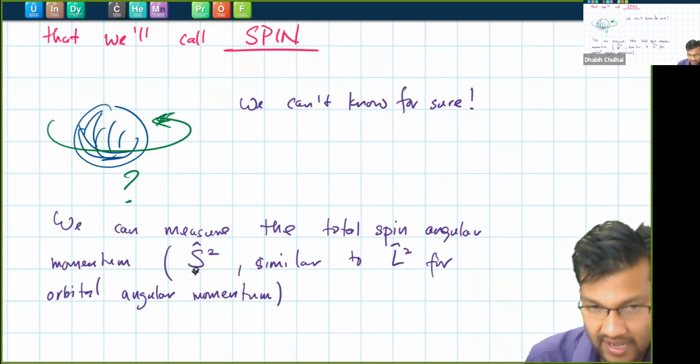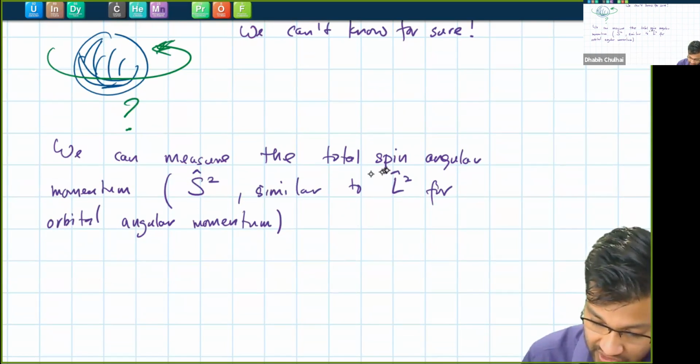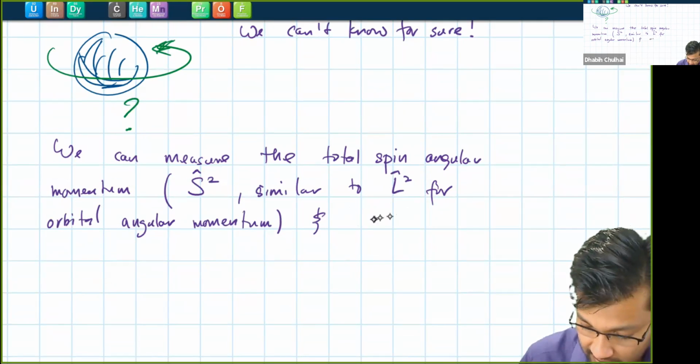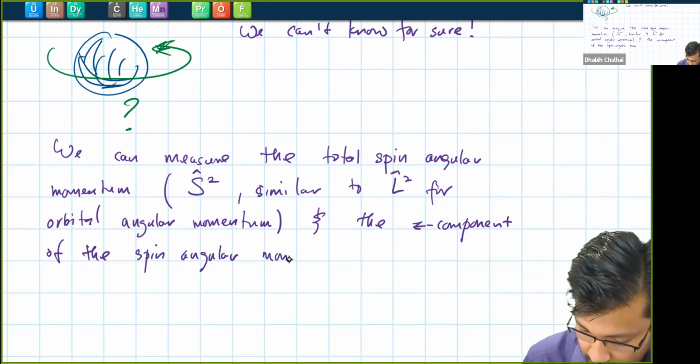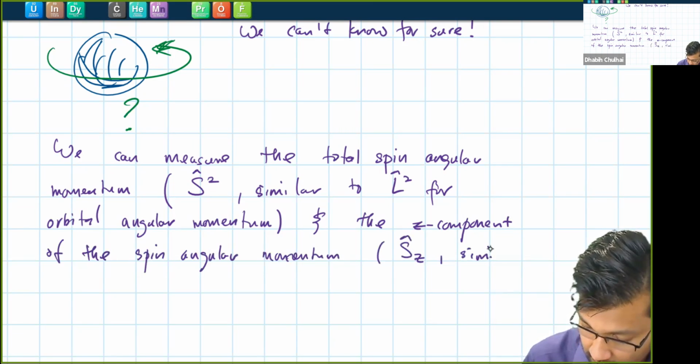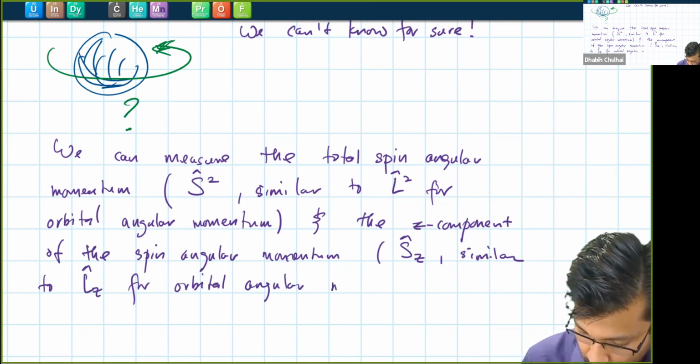This spin angular momentum will be measuring the angular momentum of the electron spinning, if it is spinning, we don't know, spinning around itself like a top. So we can measure total spin angular momentum, and the z component of the spin angular momentum, and that will be Sz, which is similar to Lz for orbital angular momentum.